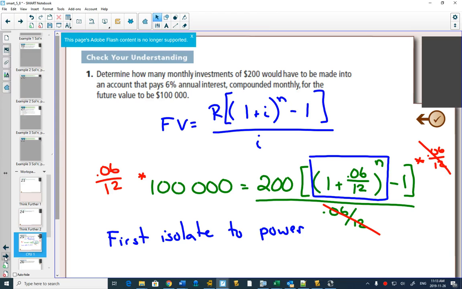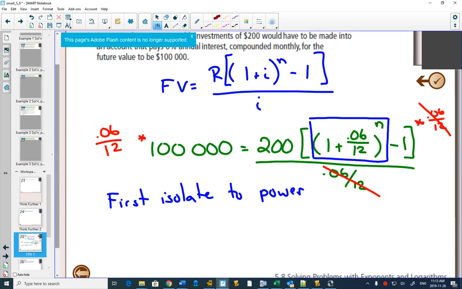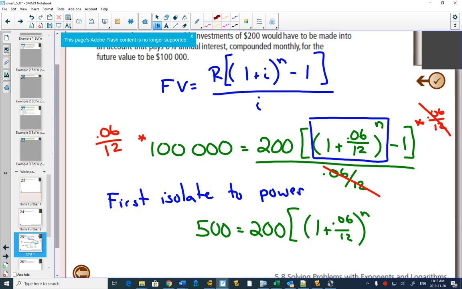So I take my calculator out. I do 100,000 multiplied by 0.06 divided by 12. Luckily, it stayed a nice number, and now we have 500 equals 200 square bracket 1 plus 0.06 divided by 12 to the n minus 1, square bracket.